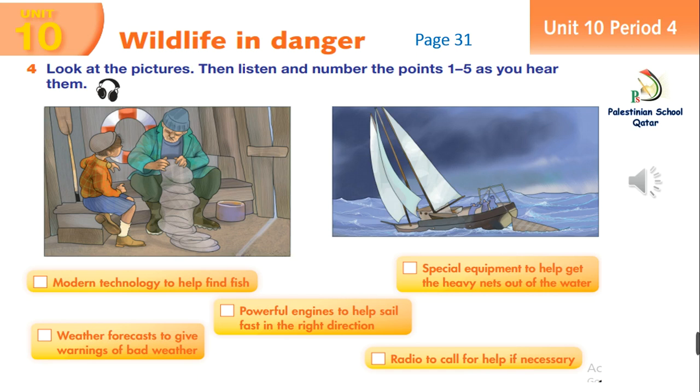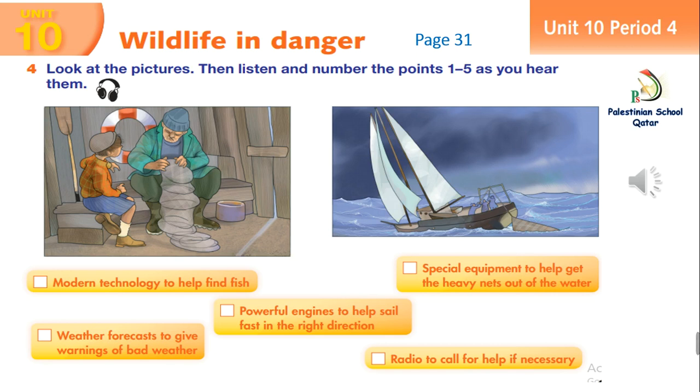And in the old days, men needed to be really strong to get their heavy nets full of fish out of the water. But when I was young, we already had special equipment to help get the heavy nets out of the water. Another thing, they were very alone in bad weather in the old days, but we had radio to call for help if necessary, if we were in trouble.